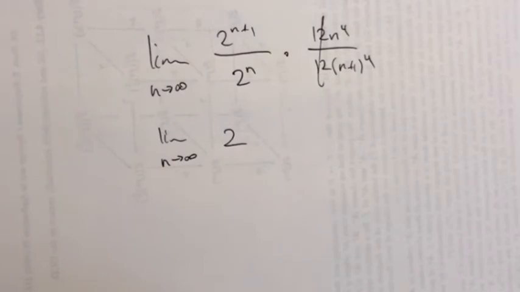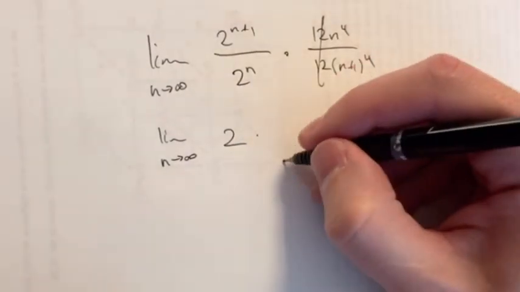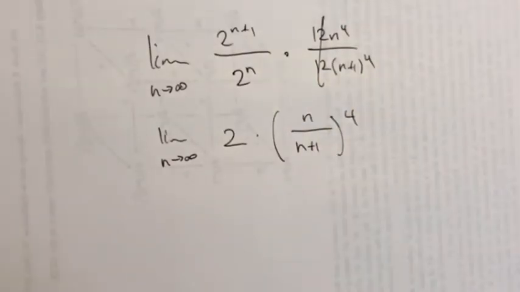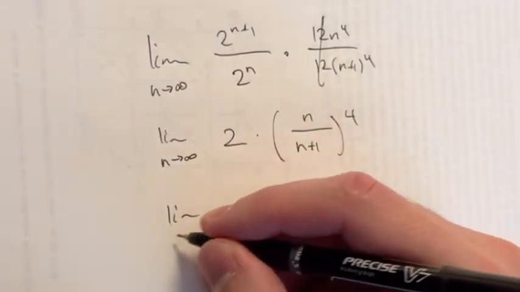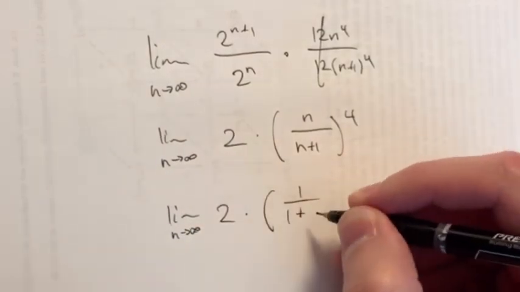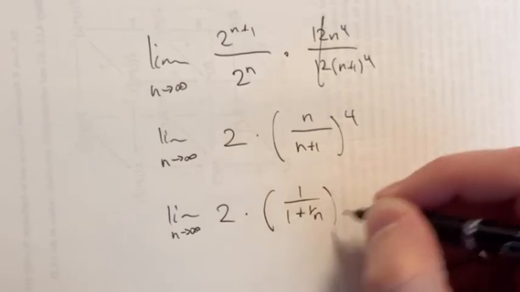And then times n to the 4 over (n plus 1) to the 4, which I will write this way, n over n plus 1, all to the 4. And then that part, n over n plus 1, when you take the limit, becomes 1 in the same way that it always does. So this is the limit, you do the same old thing, 1 over 1 plus 1 over n, to the 4.